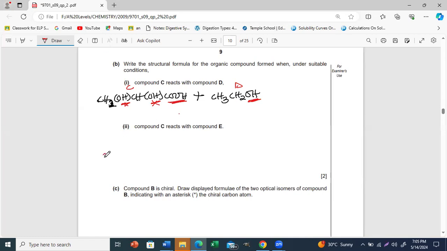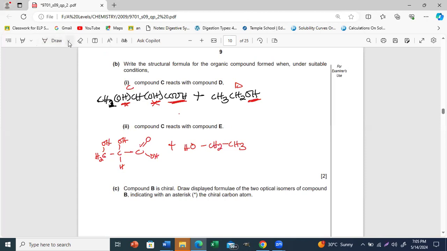So your answer: CH2OH, CHOH, COOH plus, to suit the formation, I put my OH here, then CH2, then CH3.